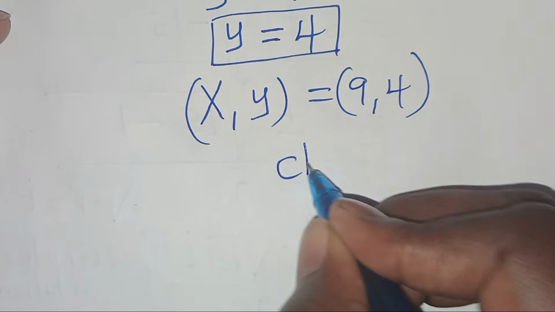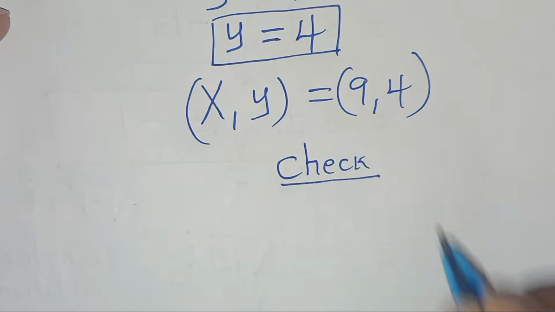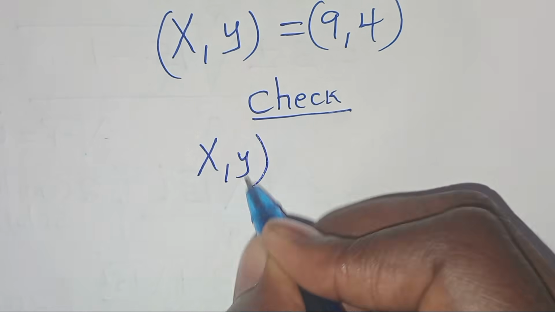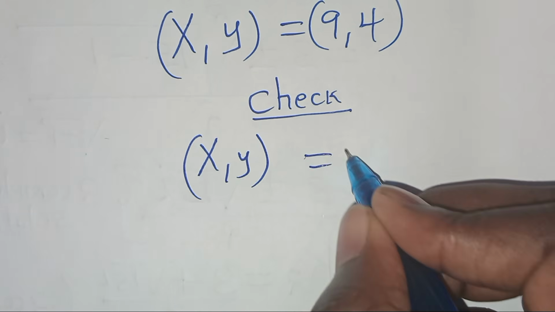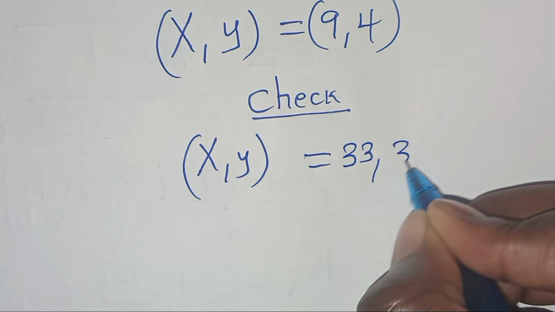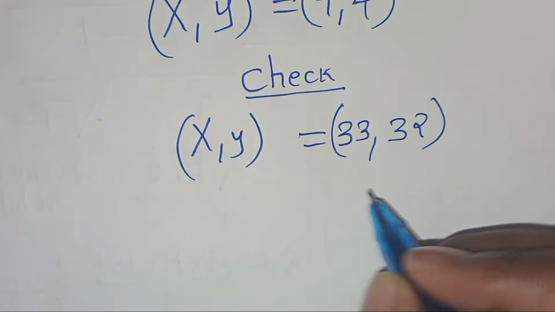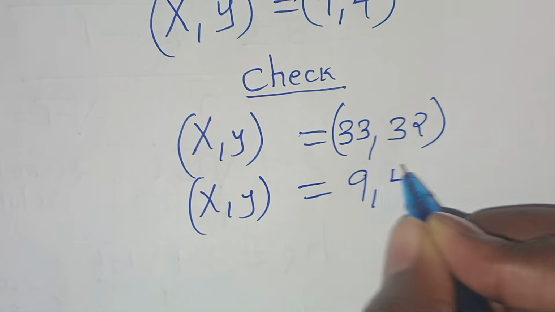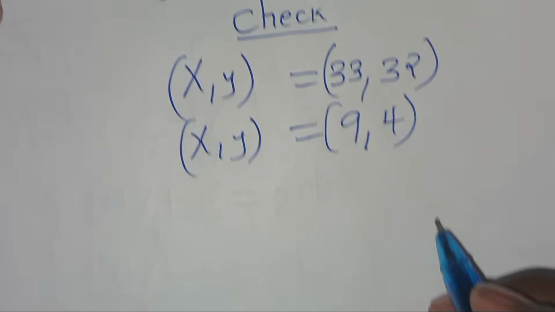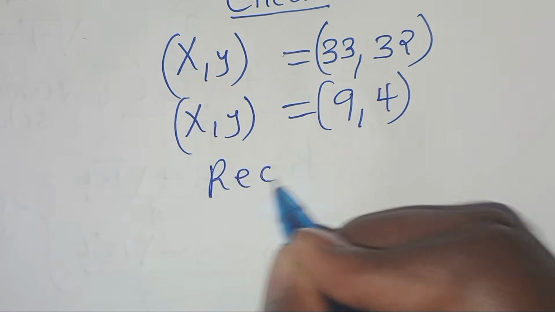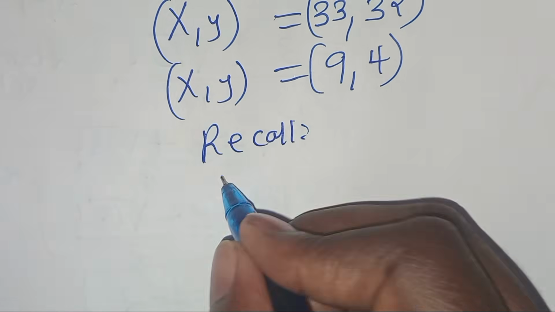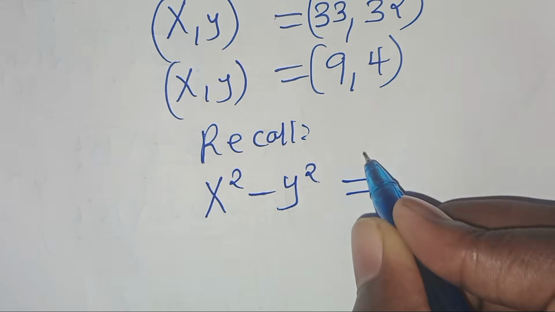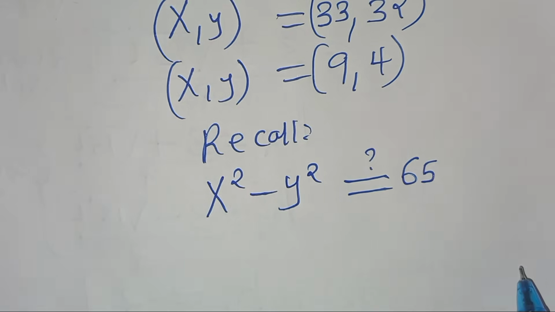We can check if these two sets of solutions satisfy the equation. We have x, y equal to 33, 32, and x, y equal to 9, 4. Recall that x to the power of 2 minus y to the power of 2 should give us a value of 65.